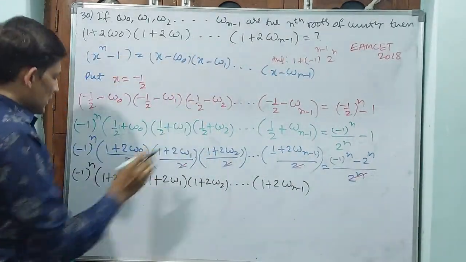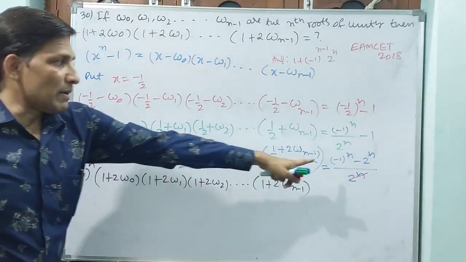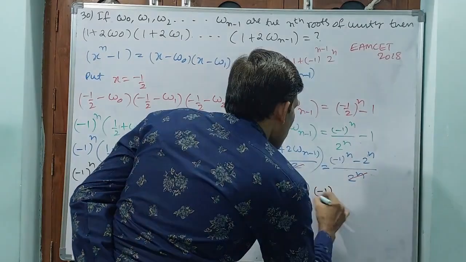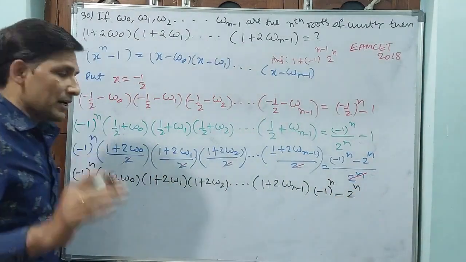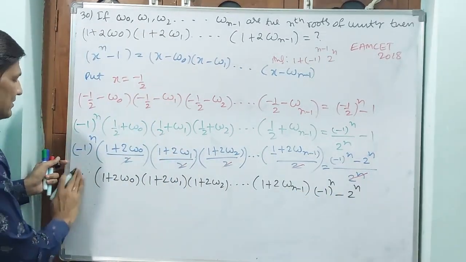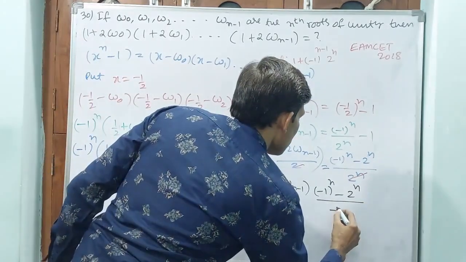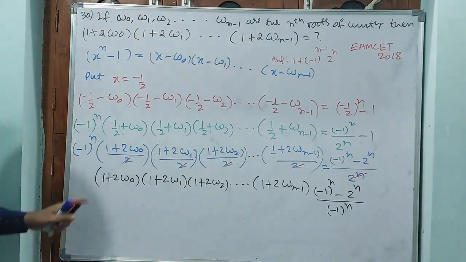You see here, 1 plus 2 omega. That means this minus 1 power n, I want to send this side. But wait, here some adjustment we have to do. You see, minus 1 power n minus 2 power n. Now I am sending this here. Shall I send directly? Minus 1 power n. Okay. Now you don't consider LHS.